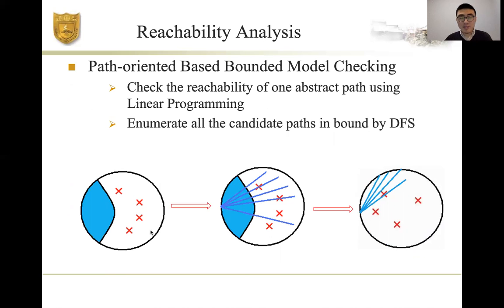As we say, the red circle is the complete state space, and the current SMT solver, if you consider all the possible directions, may only solve the state space in the blue range, which is too shallow to touch any deep behavior. But what we do is, instead of checking all the directions, we just go along one path.